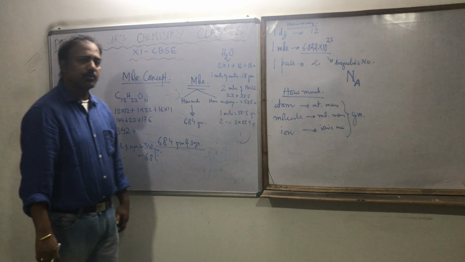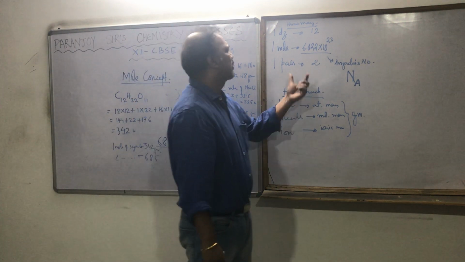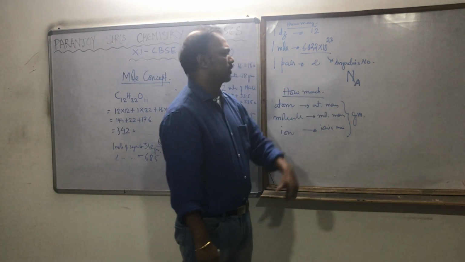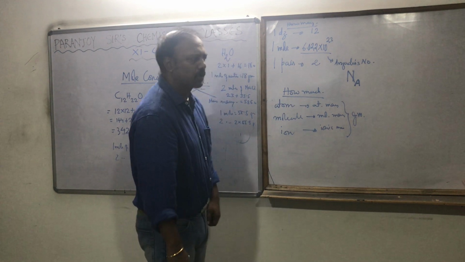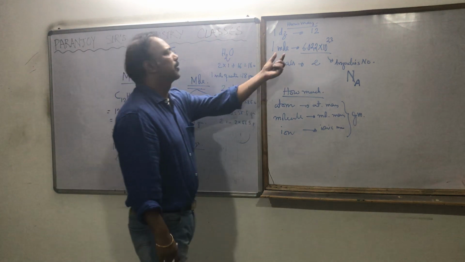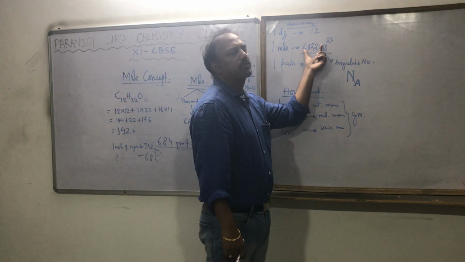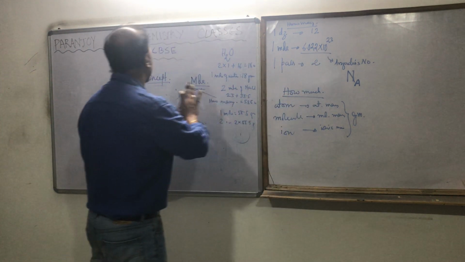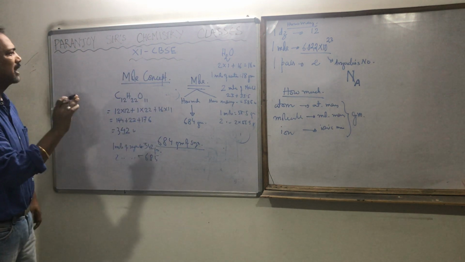Now 2 moles of sugar you brought, and I am asking how many sugar you brought. 2 moles means 2 into 6.022 into 10 to the power 23. So now you can give the answer very clearly.